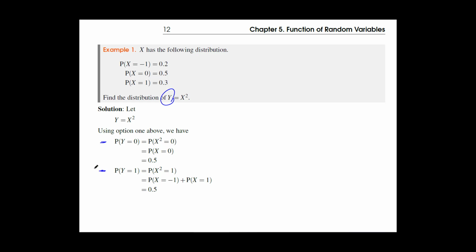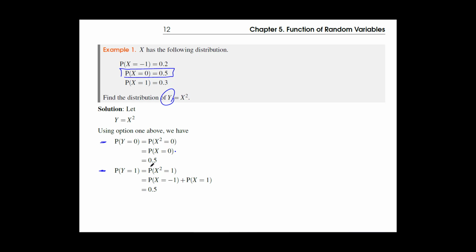So, for example, here the probability y equals 0 is the probability x squared equals 0. That means that x has to be 0, and this one we know from the PMF. So we're translating probabilities from y to probabilities from x via the function x squared in this case.